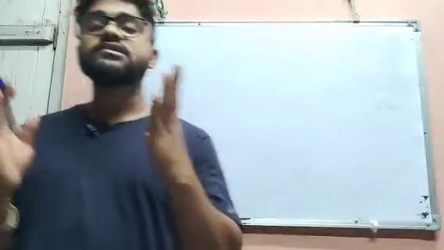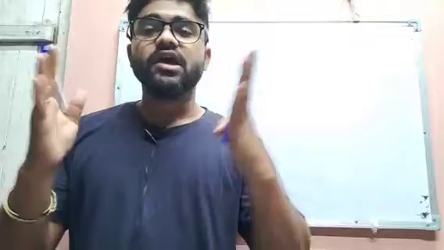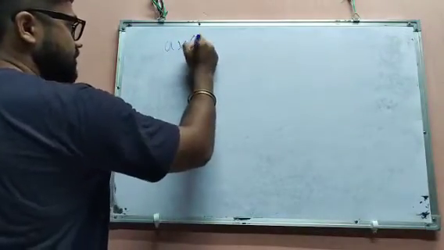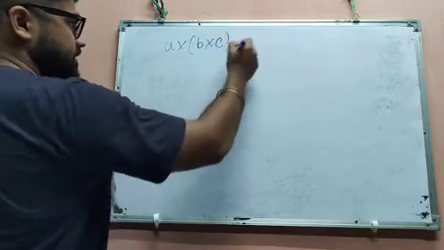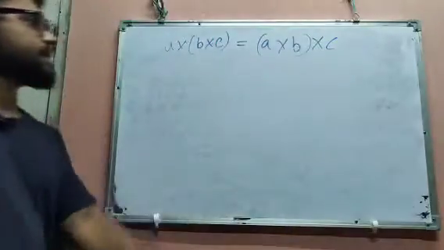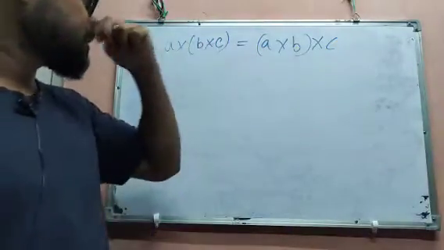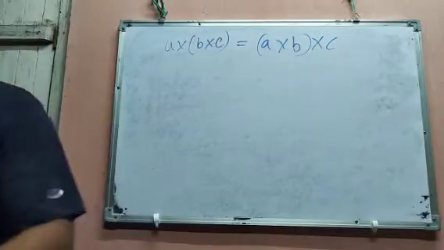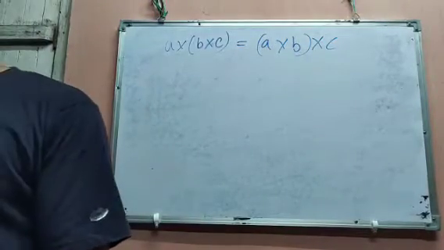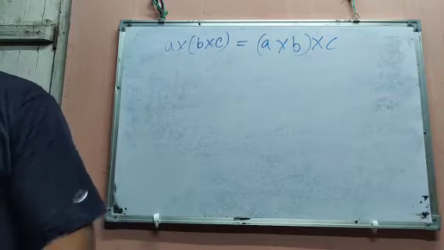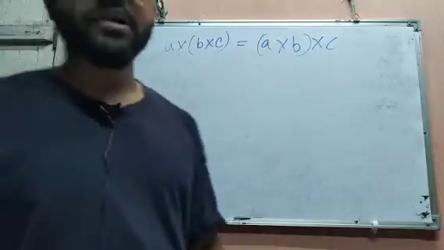See, A into B whole into C equals A into B into C whole, that is, A into B whole into C and A into B whole into C. This is known as the associative law. So we have to apply that law, the associative property, to do some maths.